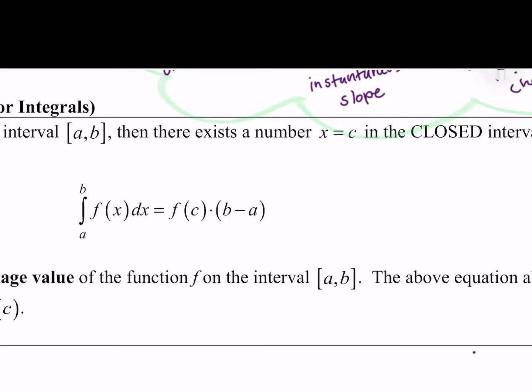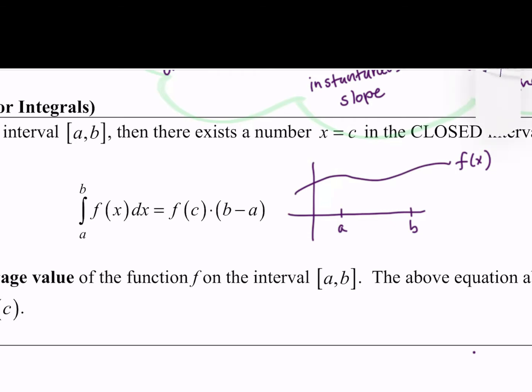What this looks like graphically, I think it helps to draw a picture. If I have f of x, some sort of function, and I'm evaluating the integral from a to b, the integral represents the area under the curve.